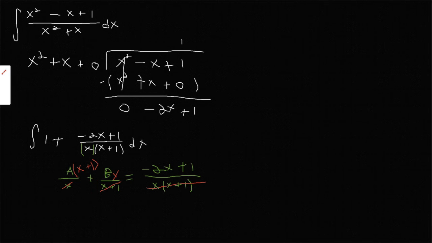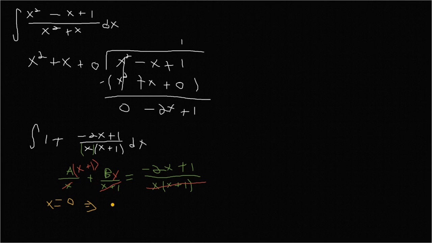So we could say, for example, x is going to be equal to 0. So if x is equal to 0, this b term is also 0.